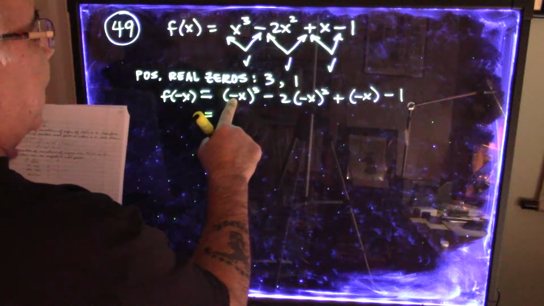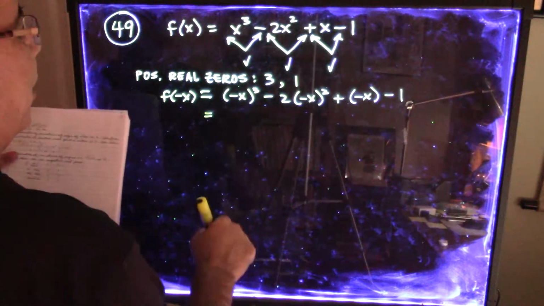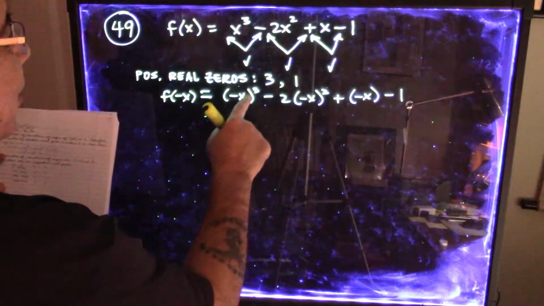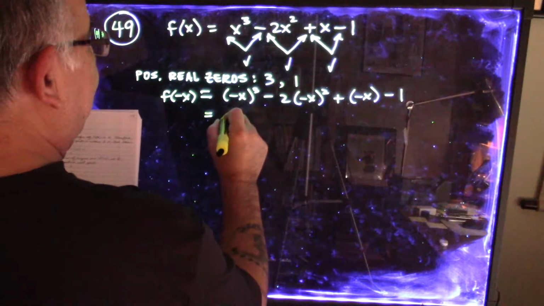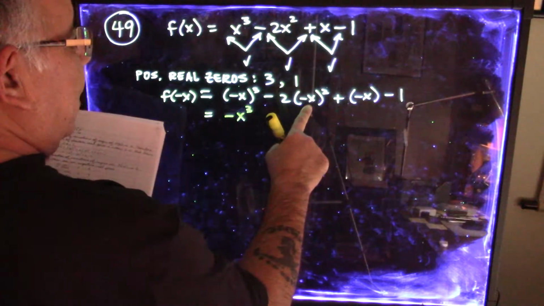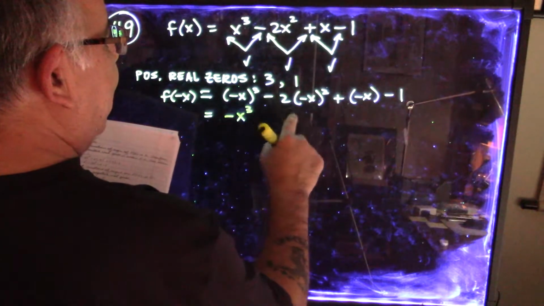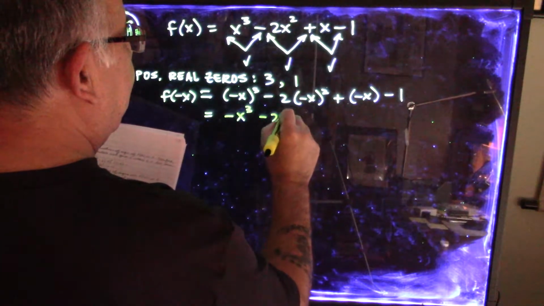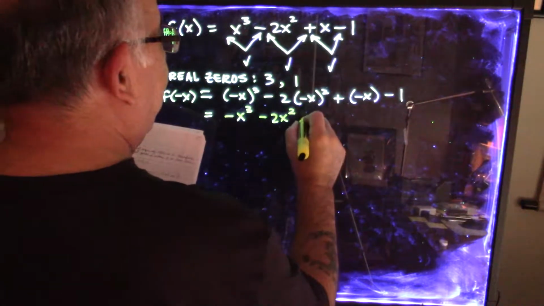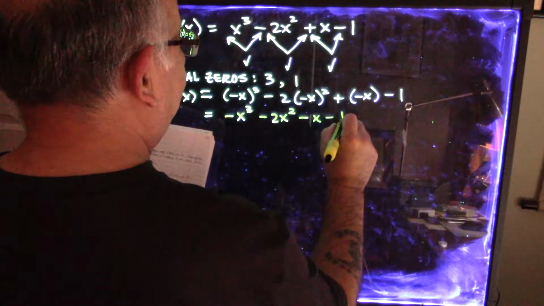Negative 1 to the third power, you write that as negative 1 times x. Negative 1 to the third is still negative 1. So it's still a negative. This becomes positive x squared, so it's minus 2x squared. And that becomes a minus, plus a minus is minus x minus 1.